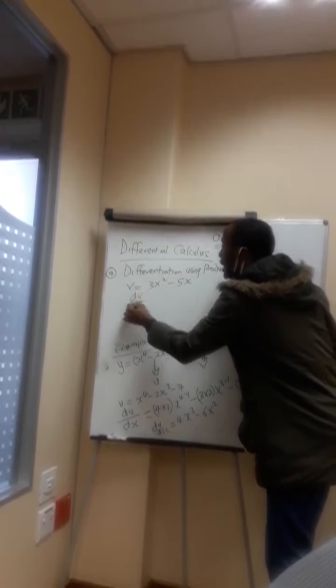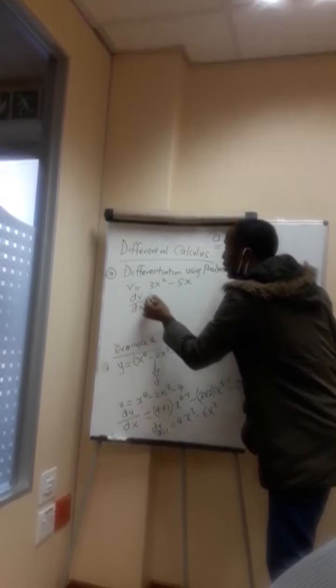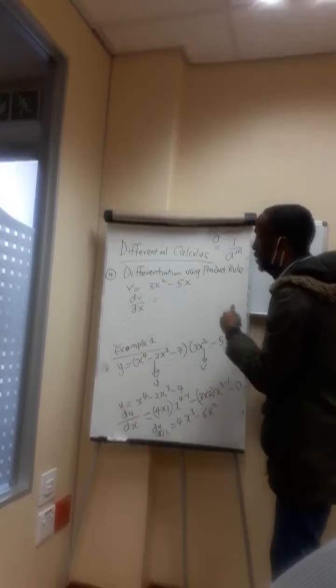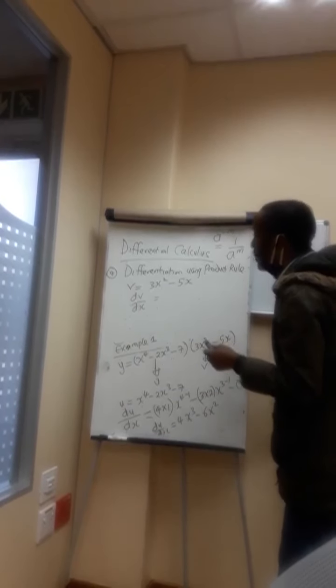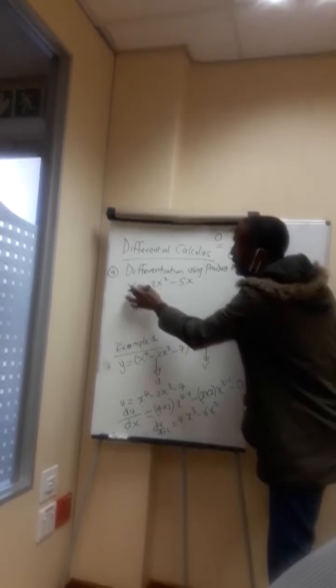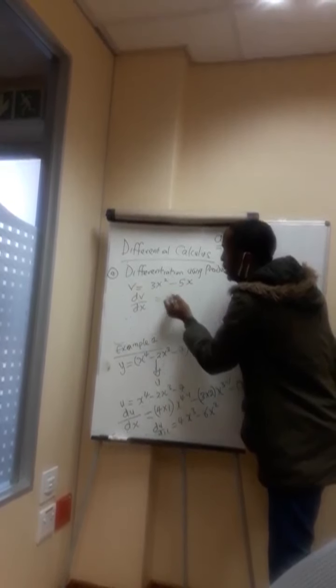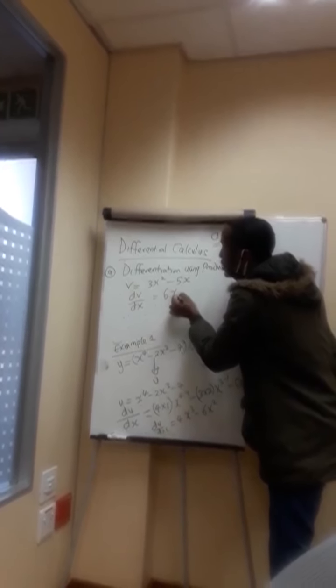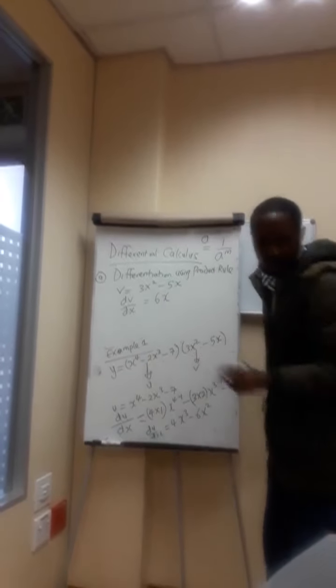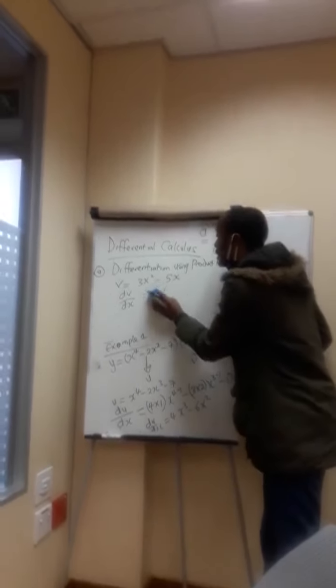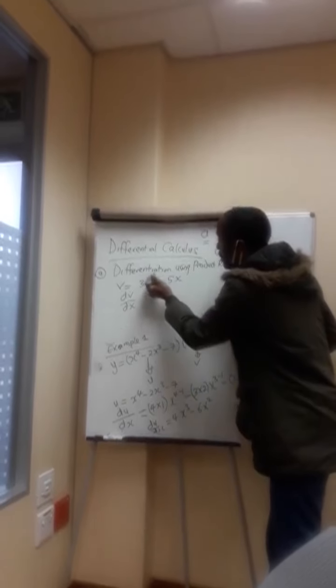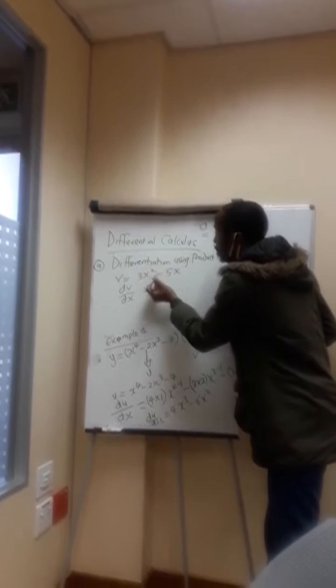Then dv/dx in this case, because I want dv/dx as shown in the product rule formula. So I need to differentiate v with respect to x. If I do that, that will give me 2 times 3, which is 6, x raised to power, let me not be too fast. What is the power in this mathematical function, which is 2.